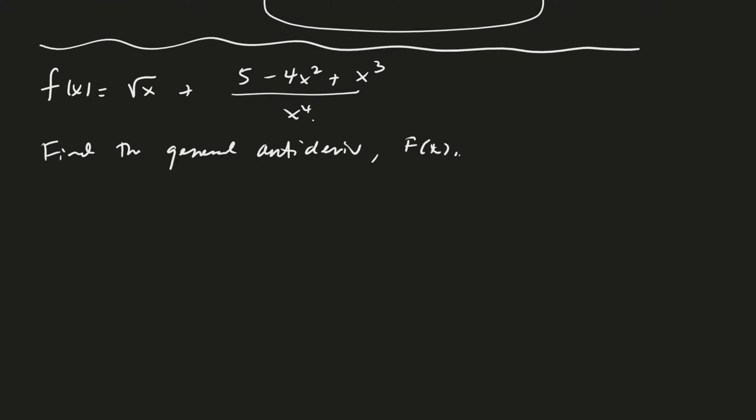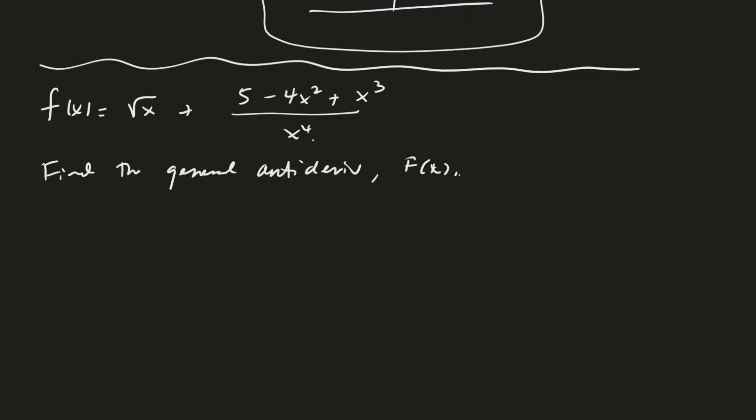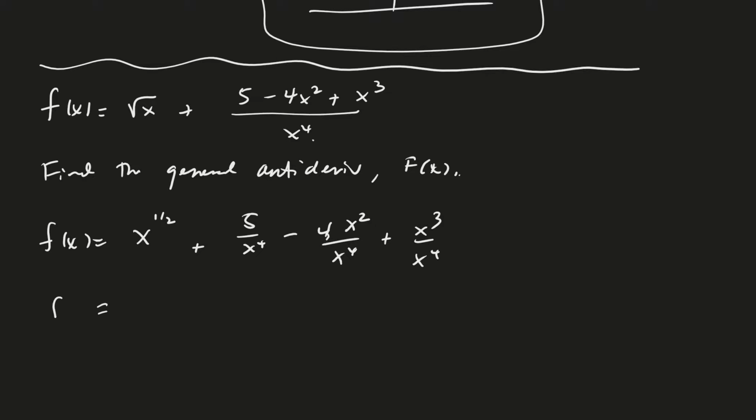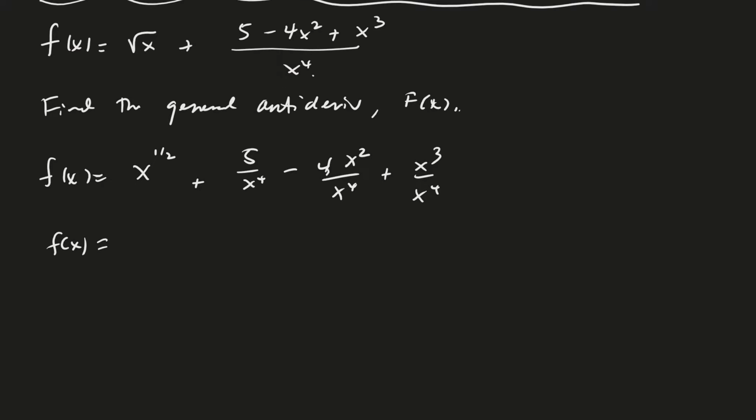Alright, so the idea here is that I would go ahead and rewrite this using some algebra. The square root of x is x to the 1/2 power, and then this is going to be 5 over x to the fourth, minus 4x squared over x, plus x cubed over x to the fourth. Just rewriting that, notice that we're just using algebra so far, we're not using calculus.